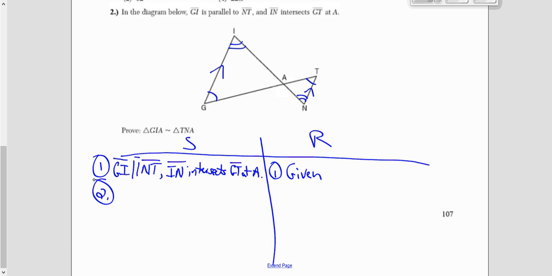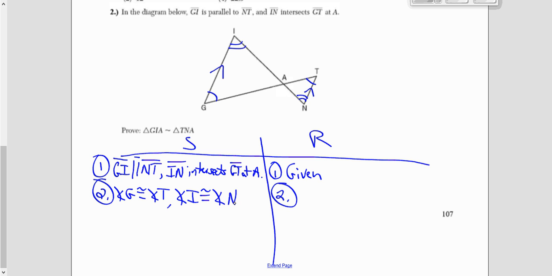We can now say angle G, congruent to angle T, and the other pair, angle I, congruent to angle T. What's our reason? Parallel. What did I say? G to T, I to N, thank you.